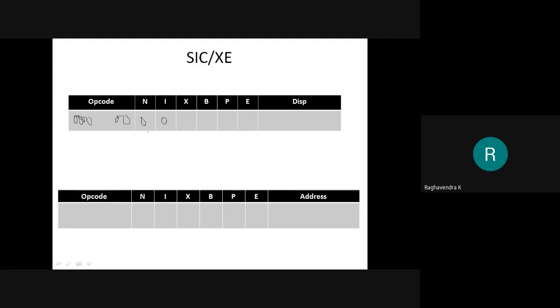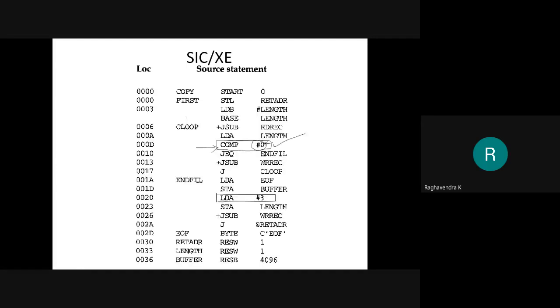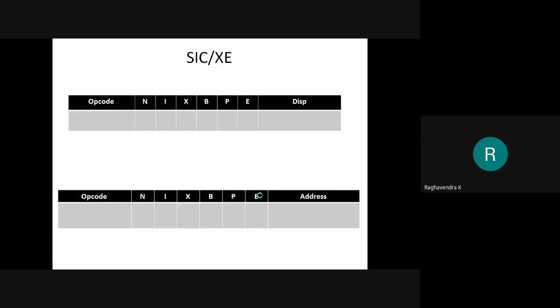But it is an immediate addressing mode, so set the I bit to 1. Again, it's an instruction that contains the value directly. The operand is present, so no X; because of that X is set to 0. Since the operand is directly present in the instruction, no relative addressing modes are used and not even extended format. So what is the operand here?